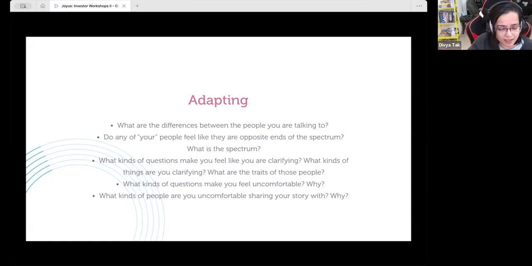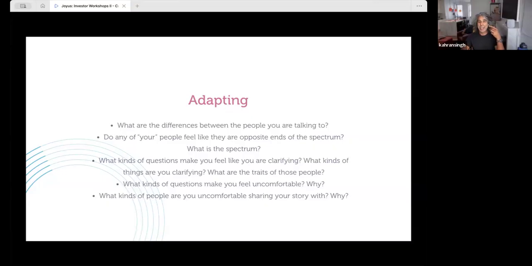But it might also be that the two kinds of people who come to work with me are one who are completely lost about what to do and they come to me for X, and the other is people who have a precise idea of what they need and they just come to me for Y. Just thinking about those spectrums which are unique to you would be quite useful.